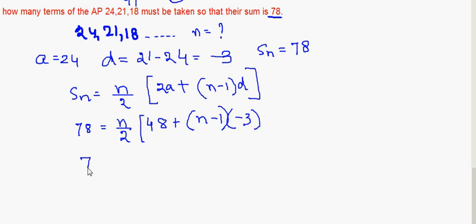So 78 is equal to n by 2 into 48 minus 3n plus 3.